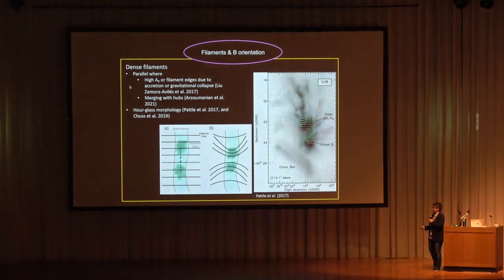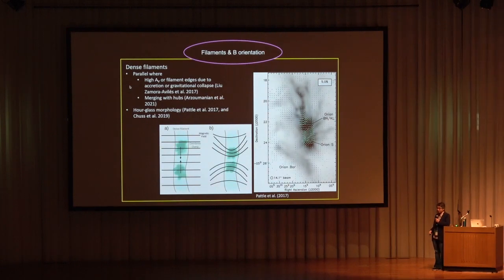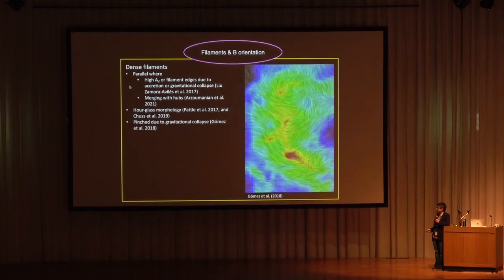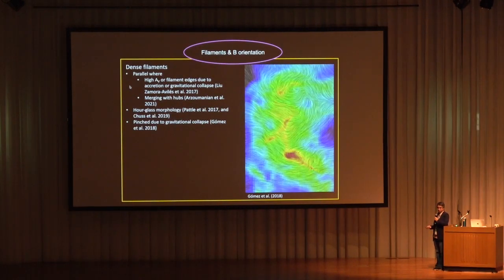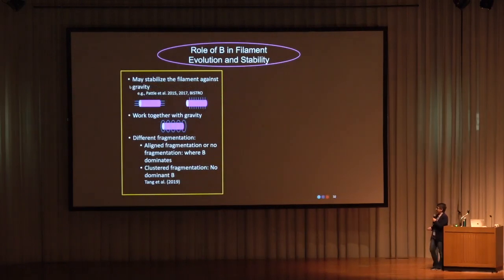A double horseshoe magnetic field morphology has been observed in OMC-1 as well, or a pinch magnetic field morphology has been observed in simulations, for example, by Gomez et al. 2018, as you can see here.